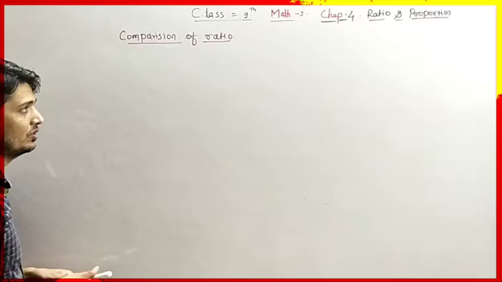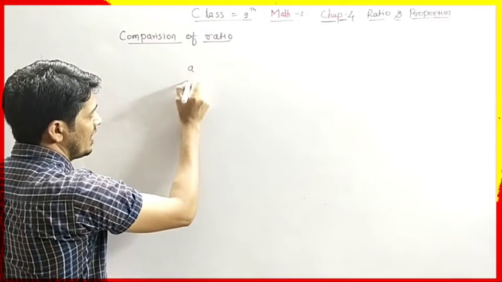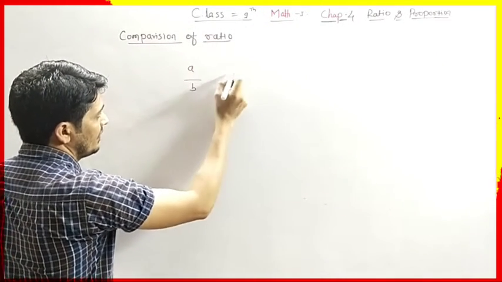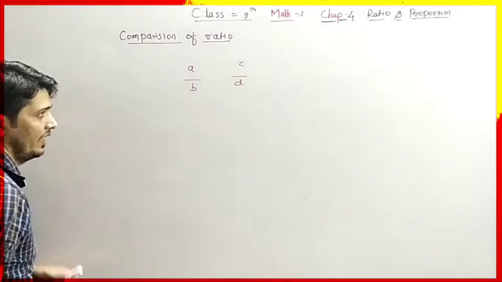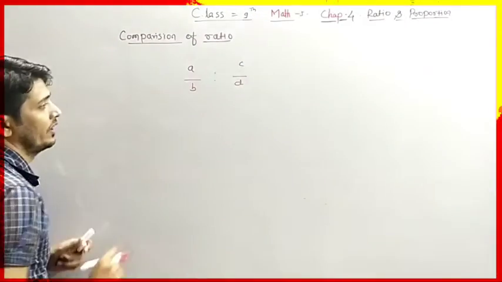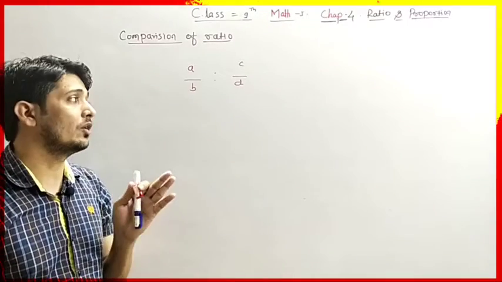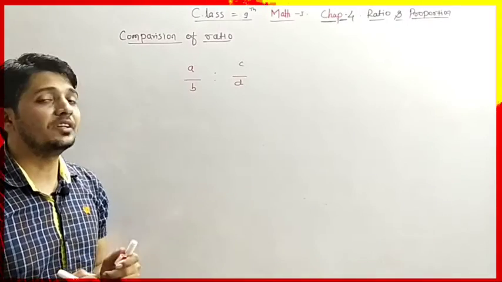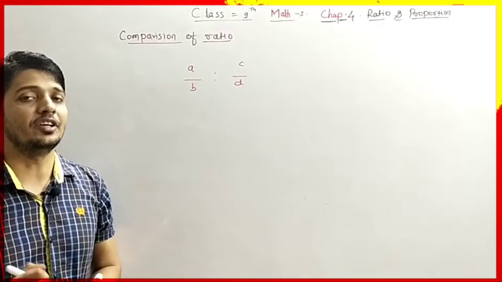Suppose there are two ratios in the form of A divided by B and C divided by D. By this we have to understand how we are going to compare whether the given ratio is greater than, smaller than, or equal to another ratio.